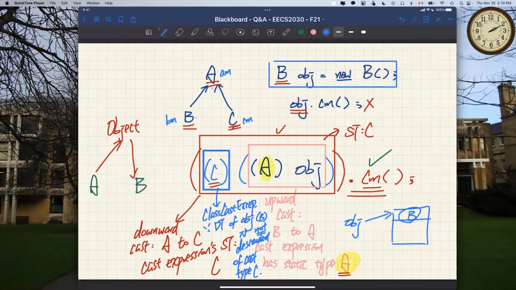Your question was, hypothetically, let's say we have another class over here, call it D, and you want to cast from B to D. Rather than C here, you can just say D. Because as far as compilation is concerned, you're still doing a downward cast from A to D. So compilation-wise, you can still get around it. However, when you actually get into runtime, you still have the same problem. Because can B fulfill the expectation of D? Is B a descendant of D? No, it's not.